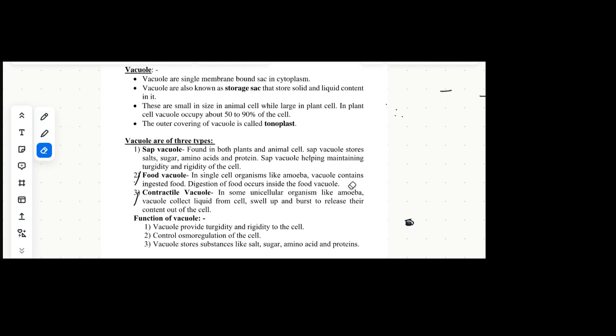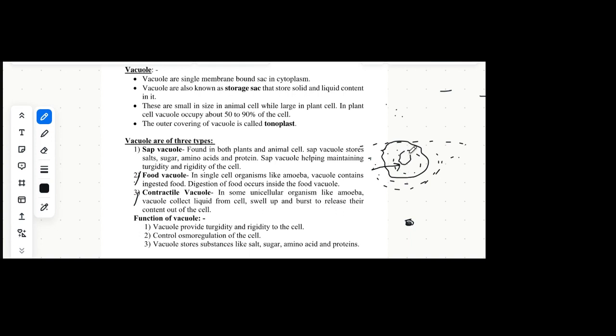So for contractile vacuole, again, I'm taking the example of the amoeba cell. Amoeba is present in water, and the concentration of water in the surroundings of amoeba is high as compared to inside the cell. So the water moves from the surroundings to inside the cell and accumulates inside the amoeba cell.